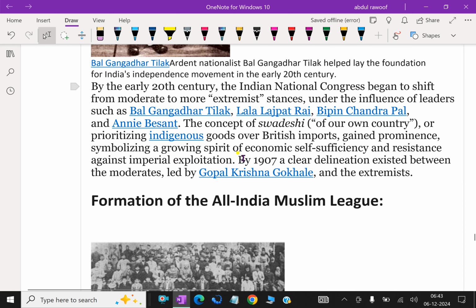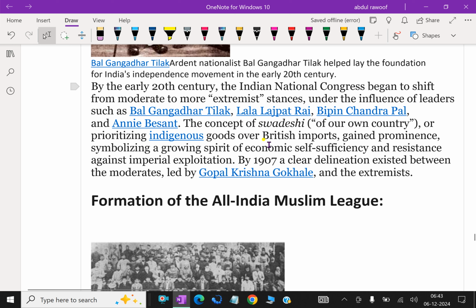By the early 20th century, the Indian National Congress began to shift from moderate to more extremist stances under the influence of leaders such as Bal Gangadhar Tilak, Lala Lajpat Rai, Bipin Chandra Pal, and Annie Besant.